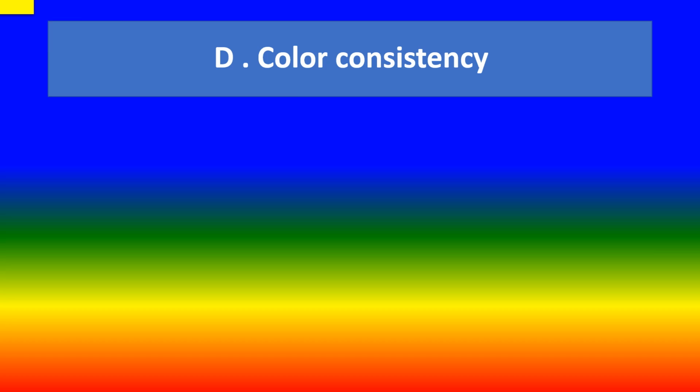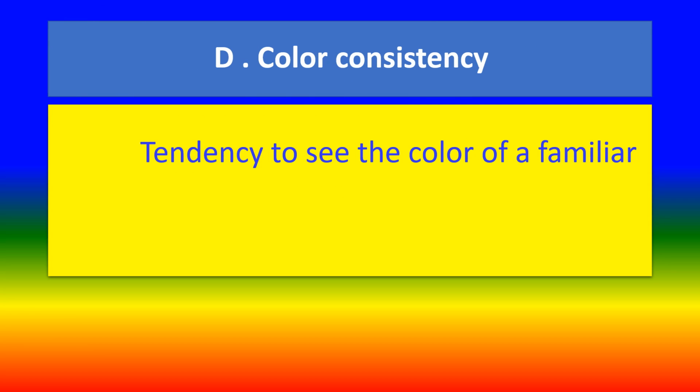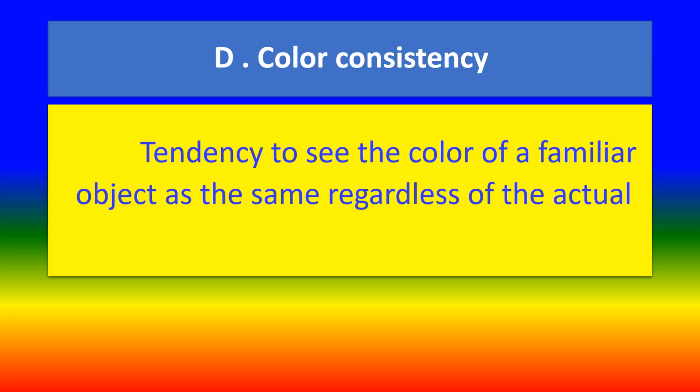D, color consistency. The tendency to see the color of a familiar object as the same regardless of the actual light condition. Look at these pictures expressing color consistency.